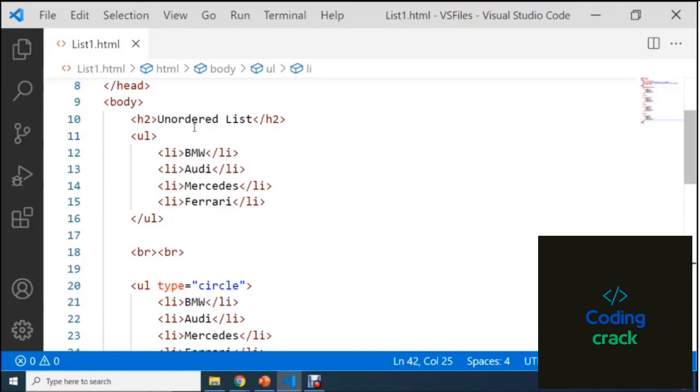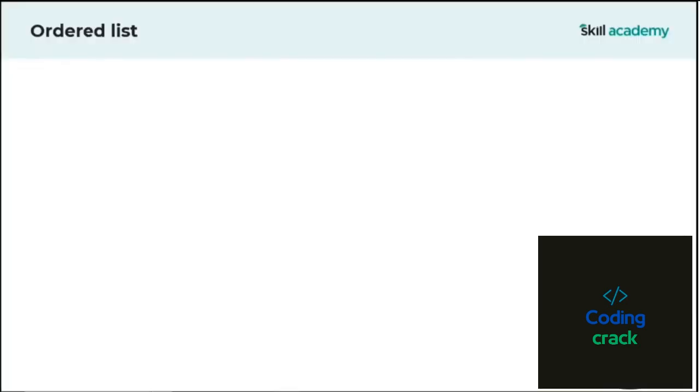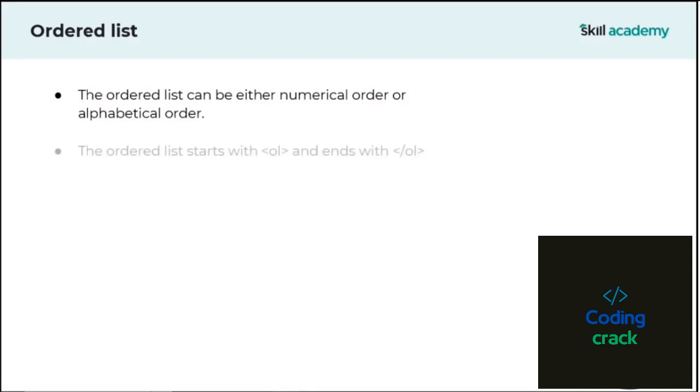Now we are going to understand another type of list, and the name of that type is ordered list. So let's understand, guys, what is an ordered list. The ordered list can be either in numerical order or in alphabetical order. The ordered list starts with the ol tag and ends with the closing ol tag.